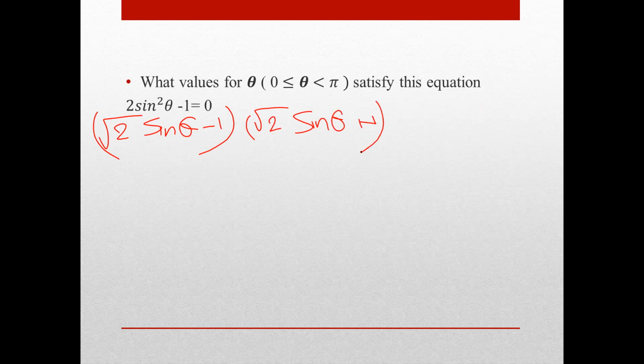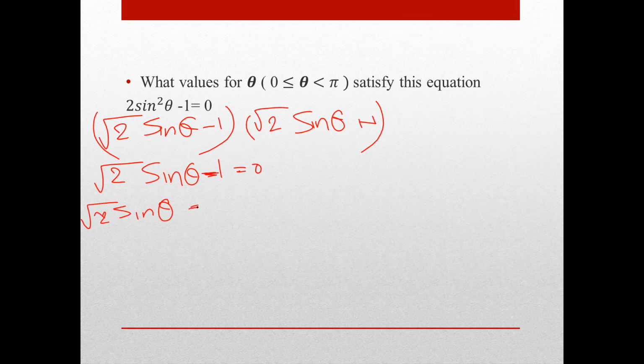It's like x minus 1 times x plus 1 gives x squared minus 1. So, to the first one, square root of 2 sine theta minus 1 is equal to 0. So sine theta is 1 over square root of 2.